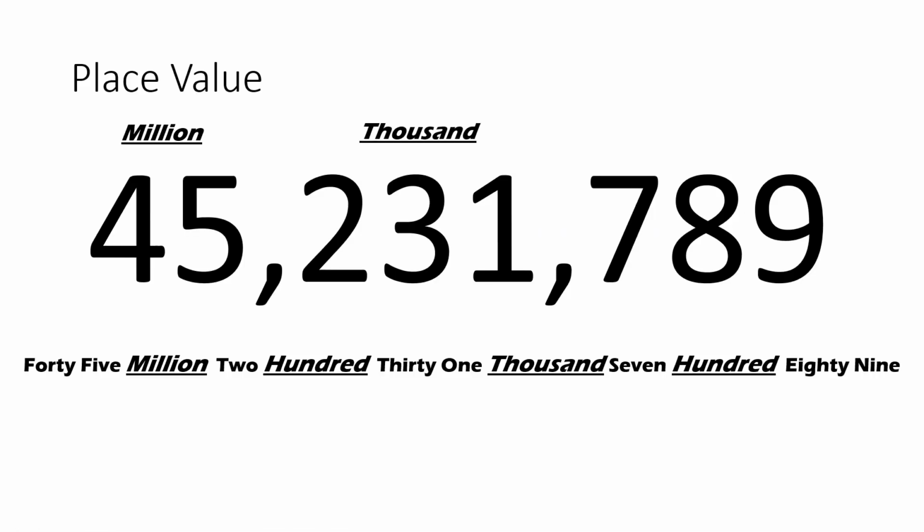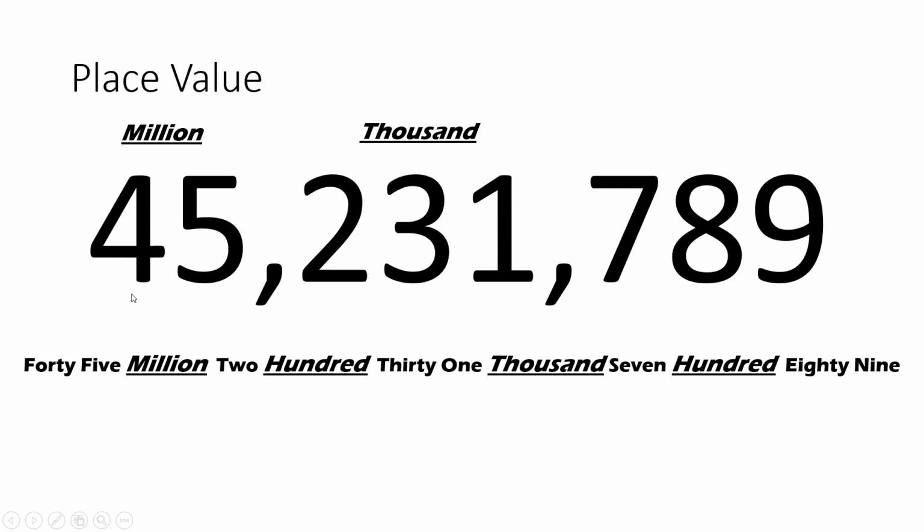Now how do we read numbers in the international place value chart? Again, we have the same number that we have read before in the Indian place value chart, right? But we read it differently here. How? We define their place value from right to left. We firstly place 9 at ones, 8 at tens, 7 at hundreds, 1 at thousands, 3 at 10,000, 2 at 100,000, 5 at million, and 4 at 10 million.